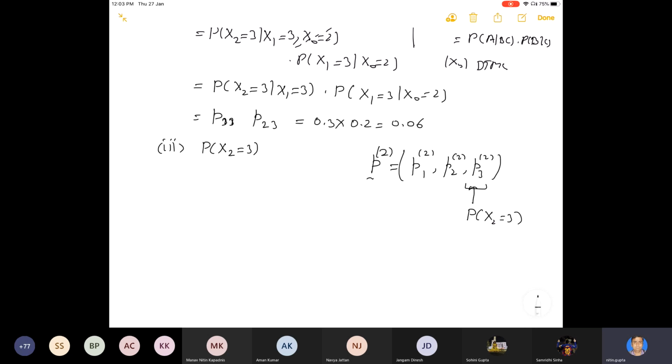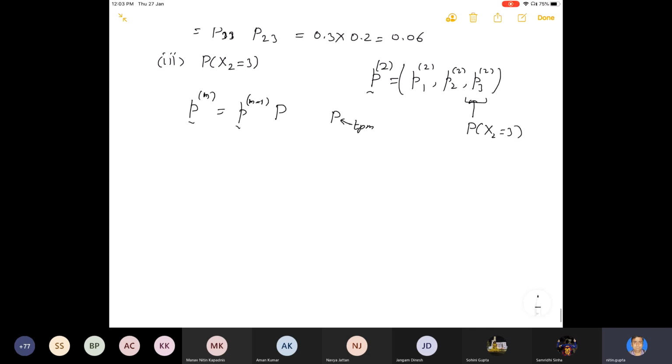But we know that Pn is equal to Pn minus 1 into the TPM. So first, let us find the probability mass function of X1, which is P1, which is P0 into P.